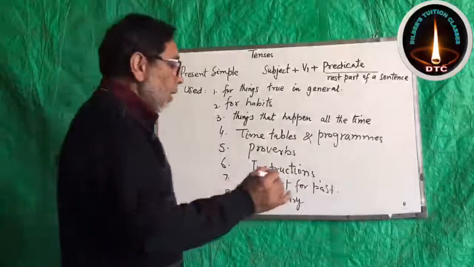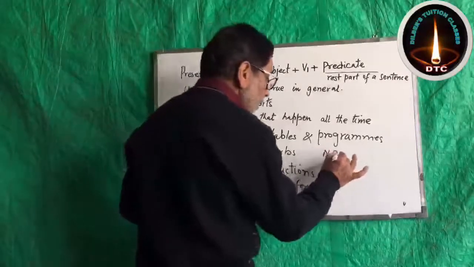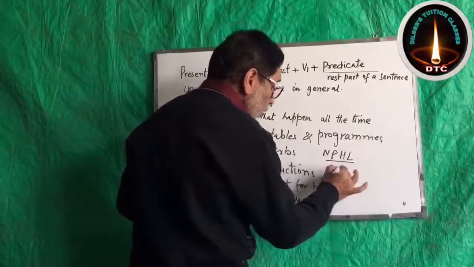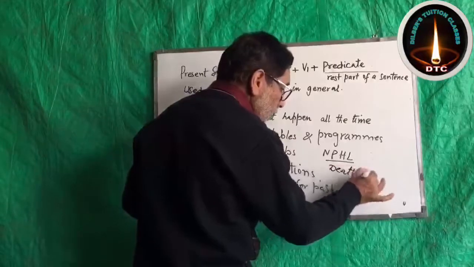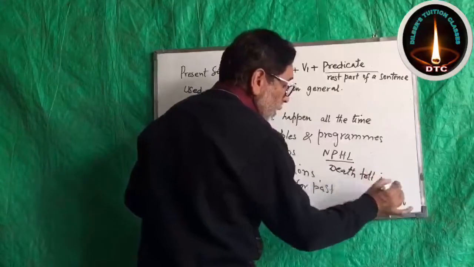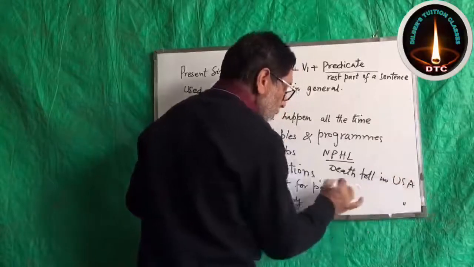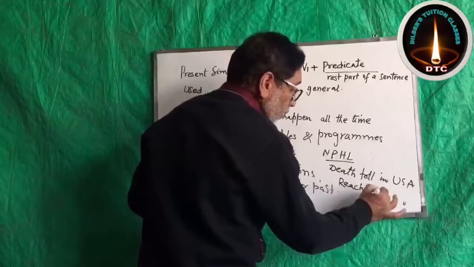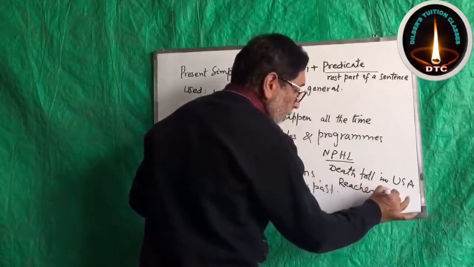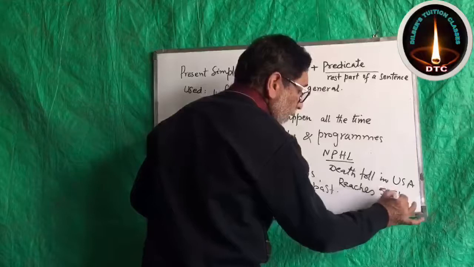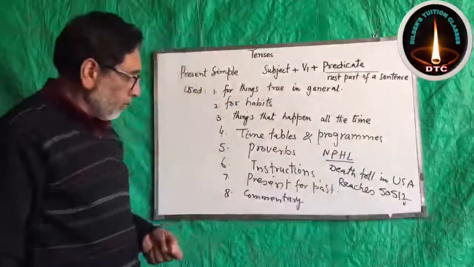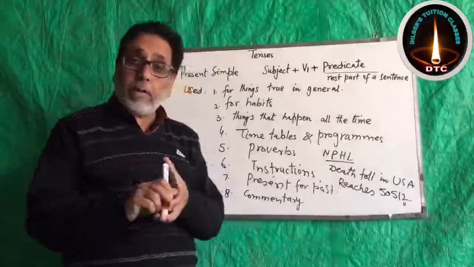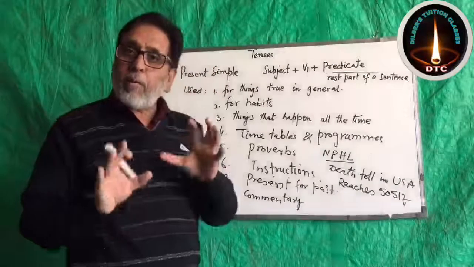So, say for example, if you say newspaper headlines, death toll in USA reaches 50,512, for example, like this. Death toll in USA reaches 50,512. So this is something about simple present.